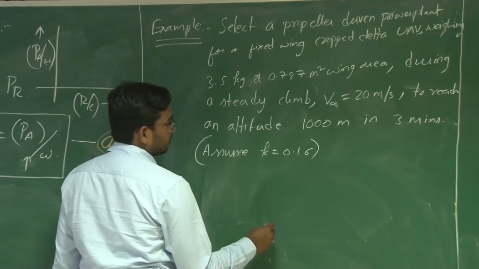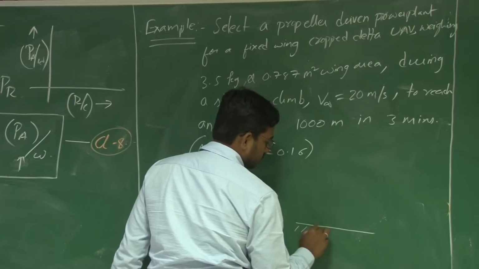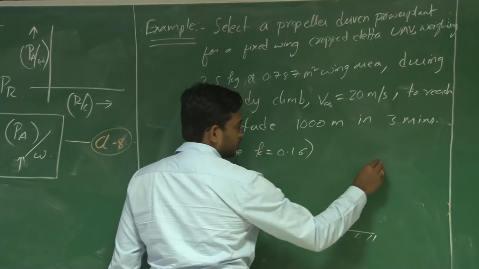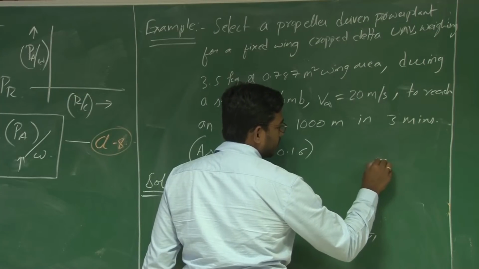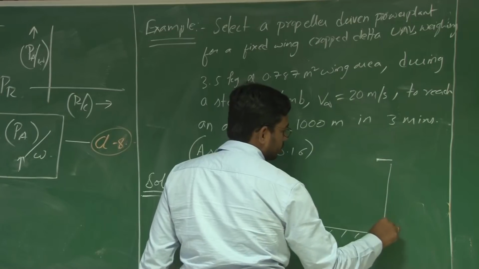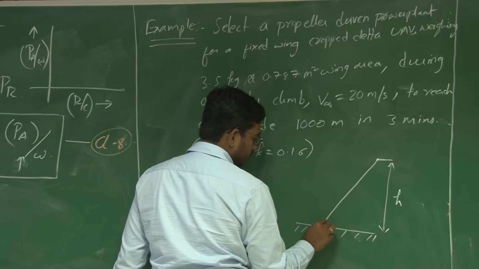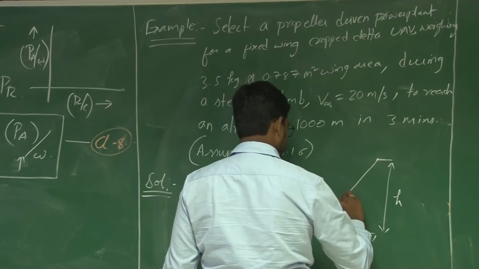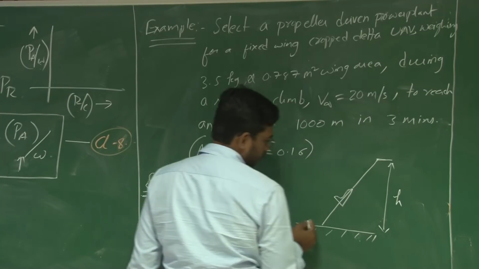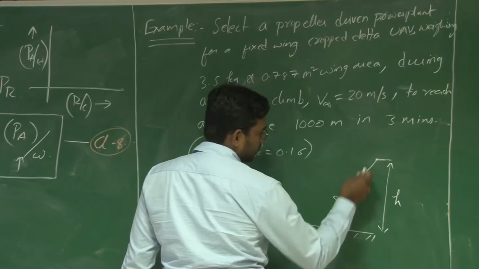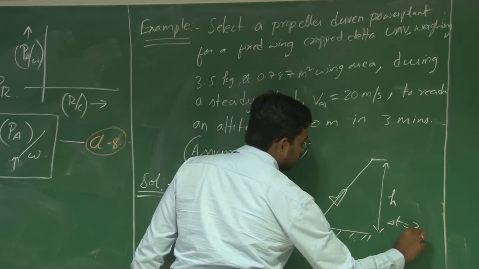What is given? So this is your desired altitude h, which you need to attain. So this desired altitude needs to be attained within delta t of 3 minutes.